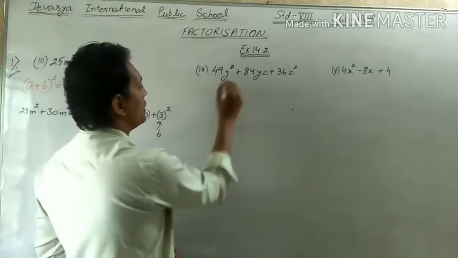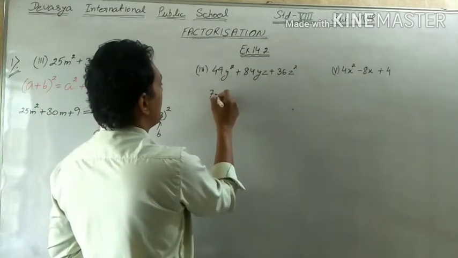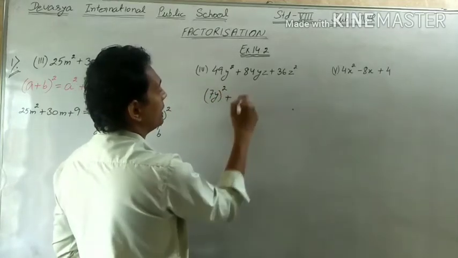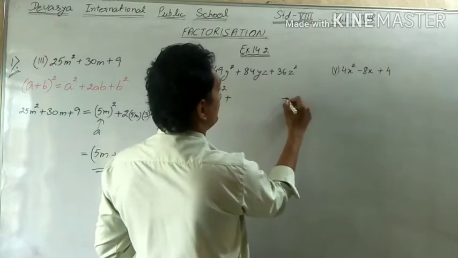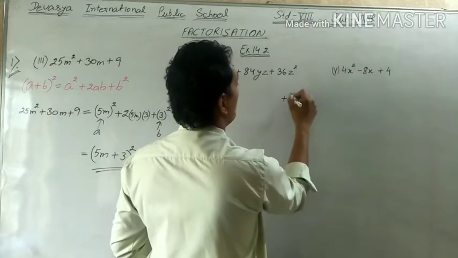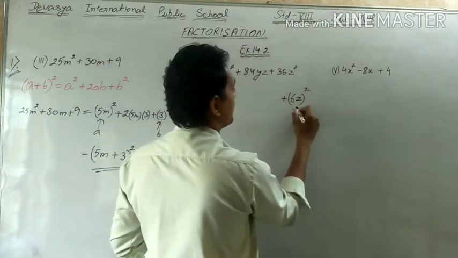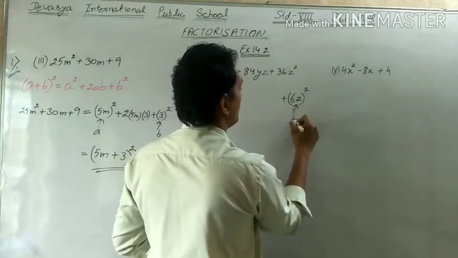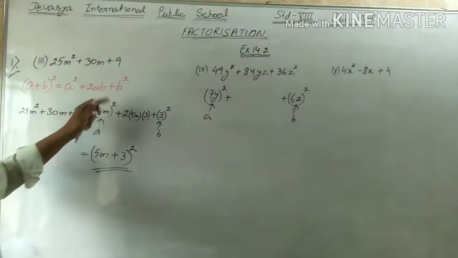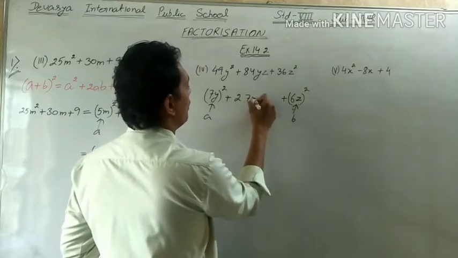So we can modify this term as 7y square, 49y square can be written as 7y whole square. We'll write the middle term later on. Last term is your 36z square, which can be written as 6z whole square. Now the quantity in the first bracket is your A and the quantity in the last bracket is your B. Fine, and the middle term should be in the format 2 into A into B. So let's write 2 into what is A, that is 7y.